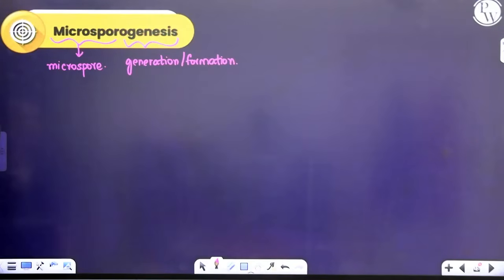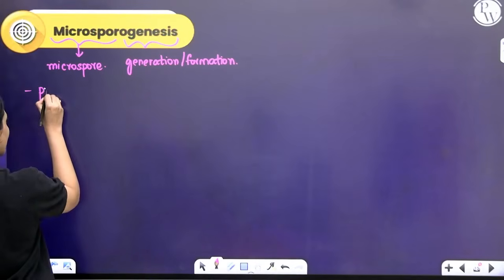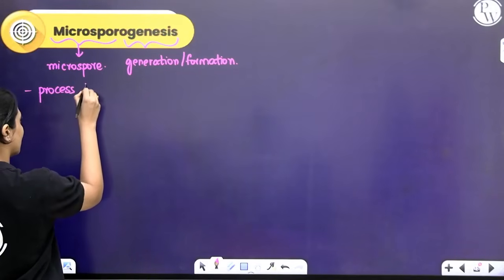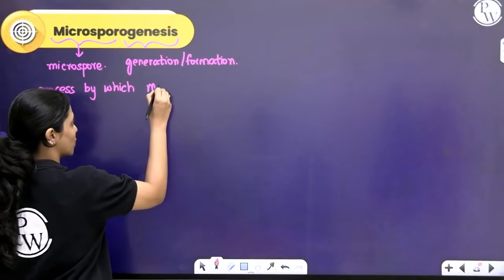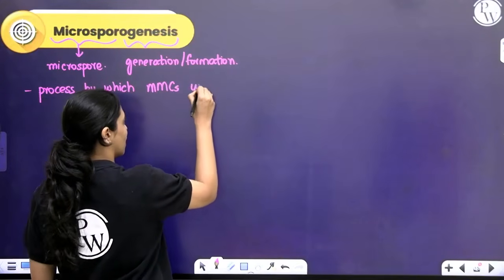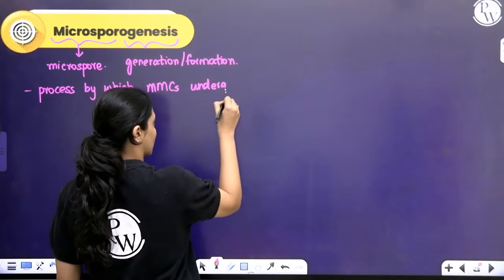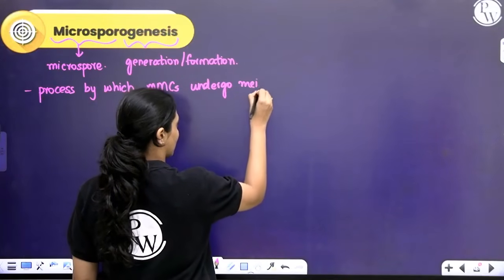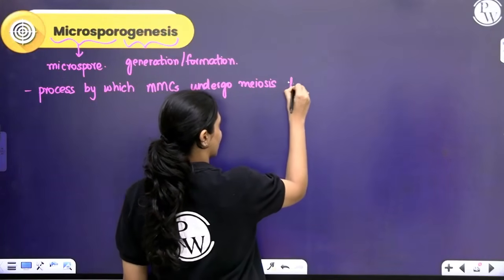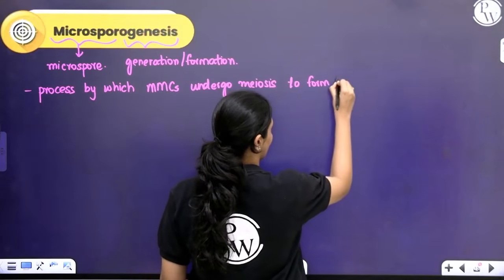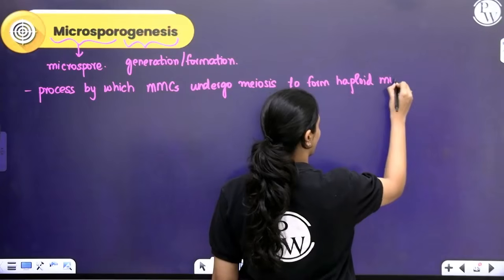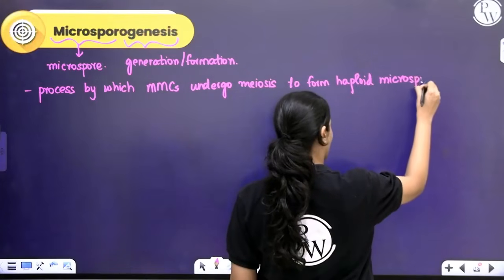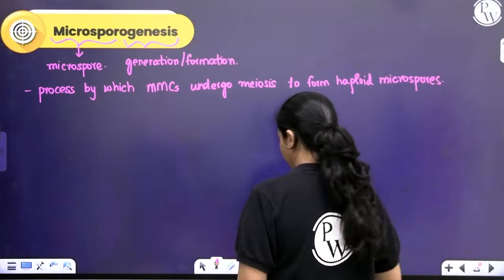So microsporogenesis can be thought of as the process by which microspore mother cells undergo meiosis to form haploid microspores. It's a very simple process.